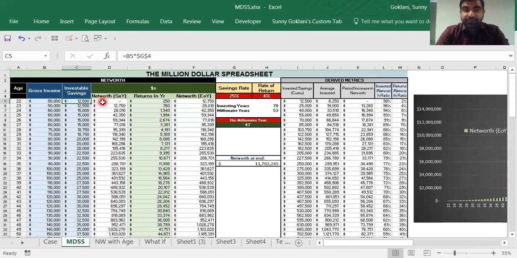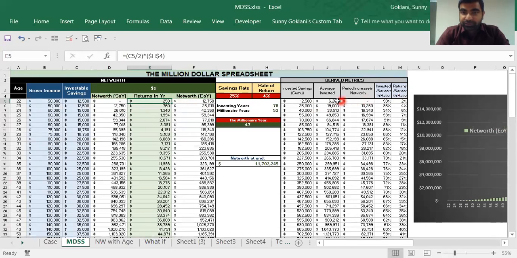So at the start of the first year, he doesn't have anything invested. At the end of the first year, he has 12,500 plus returns of 250. Why? Because we're also assuming a rate of return. For example, he generated 4% over an average of 6,250, because at the start of the year it was 0, and at the end of the year it was 12,500.